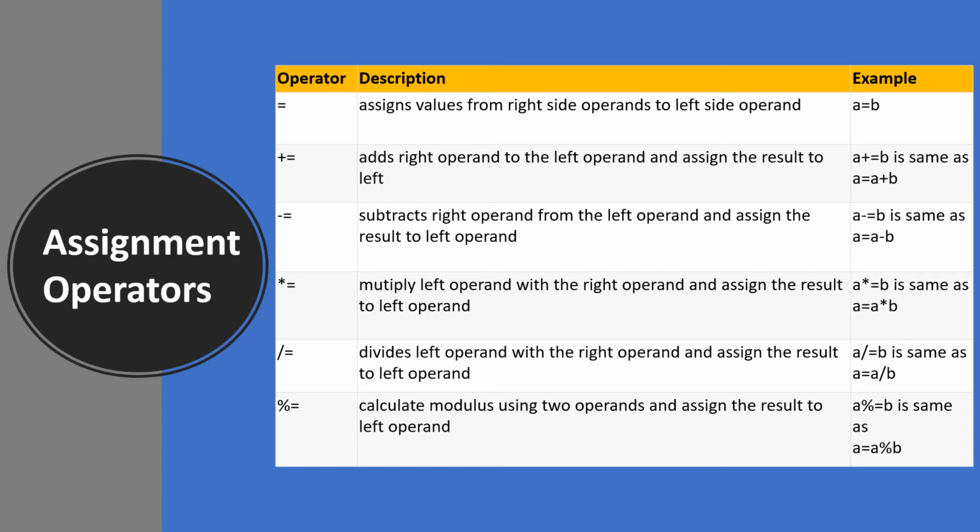Multiplication equal to operator multiplies left operand with the right operand and assigns the result to left operand. Division equal to operator divides left operand by the right operand and assigns the result to left operand. Modulus equal to operator calculates modulus using two operands and assigns the result to left operand.